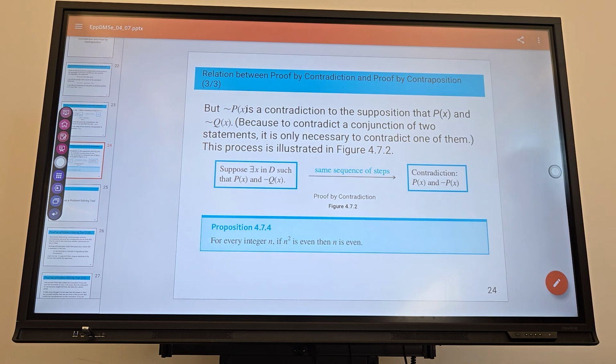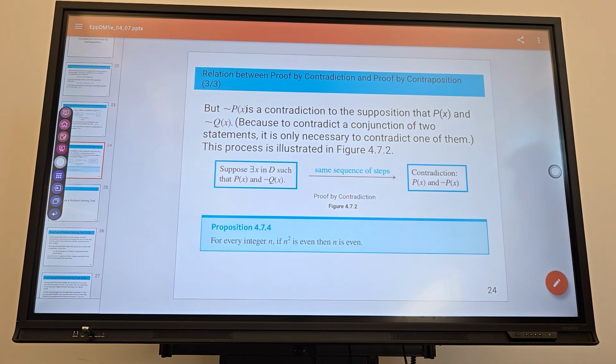So, in proof by contradiction, you suppose there exists an element in D such that P of x and not Q of x. For the contradiction, you show that P of x and not P of x is the case.